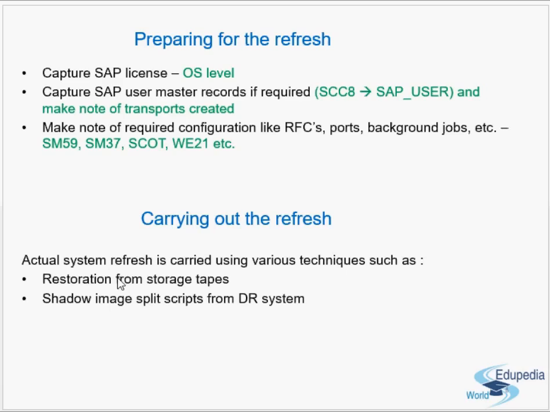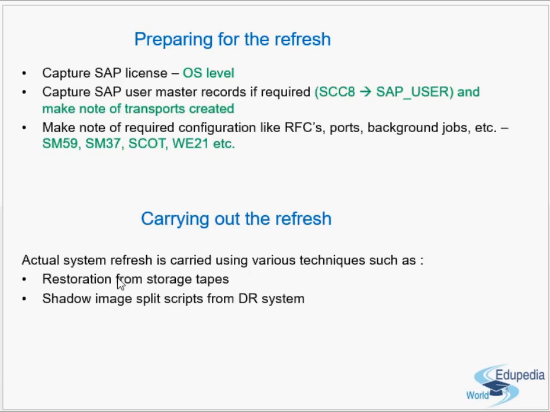We have pre-refresh steps, the actual refresh, and then post-processing. So when you do a system refresh, first you have some pre-steps, then the actual database copy, and then post-processing again in SAP. So it's divided into these three steps.